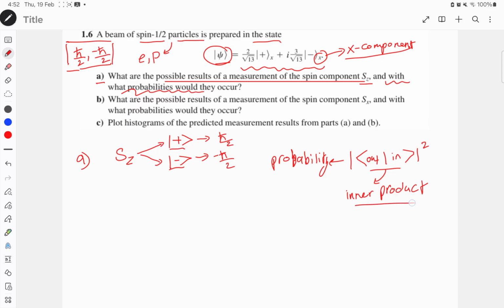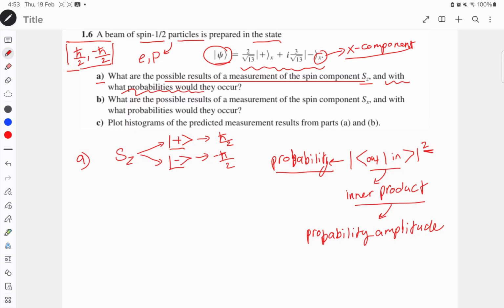The inner product is also named the probability amplitude. Squaring it will give us the probability that we want.